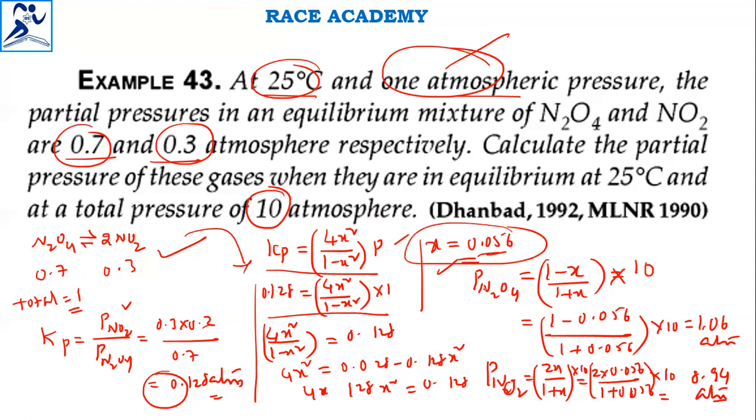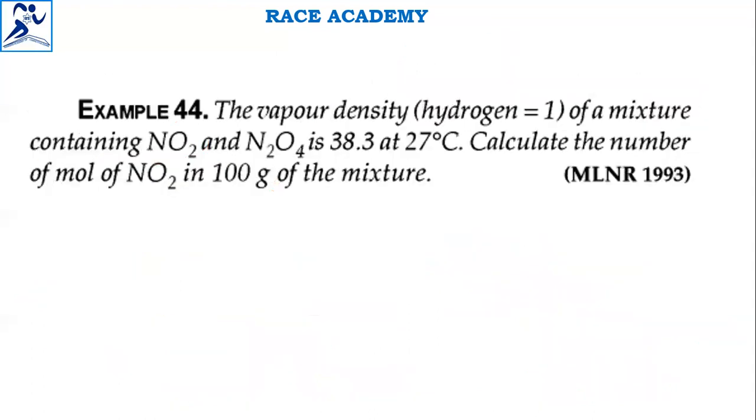The degree of dissociation is substituted in the equilibrium conditions of partial pressures. We got the numerical values of 1.06 for dinitrogen tetroxide, and 8.94 atmospheres for the nitrogen dioxide product. This is the answer for this question. Let's move to the next question.